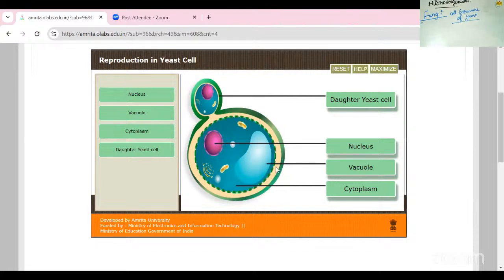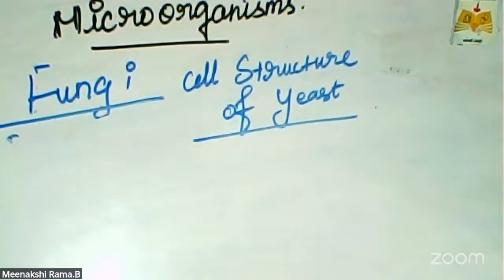All the parts are very correct. This part is called the nucleus. This is the vacuole. This is the cytoplasm. This is the daughter yeast cell. So this is the structure of yeast. Students, I think the simulation is very helpful, because we can understand how the yeast is reproduced.